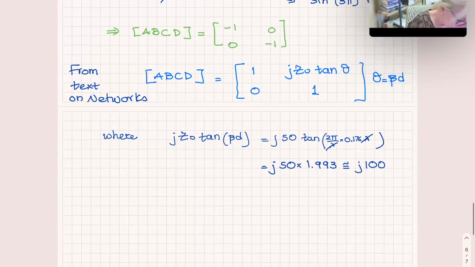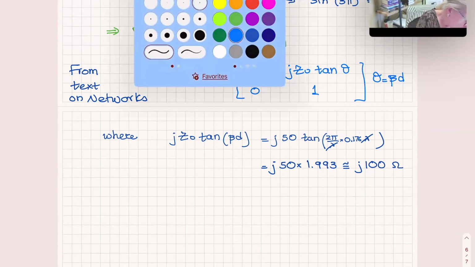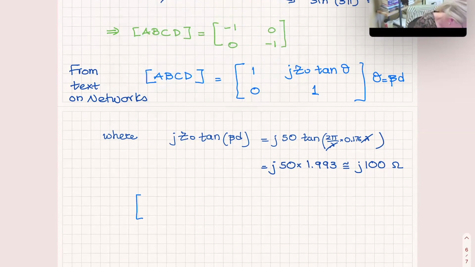Okay, so we have that to be in ohms, and therefore from there we find that A, B, C, and D here is equal to 1, J100, 0, and 1.